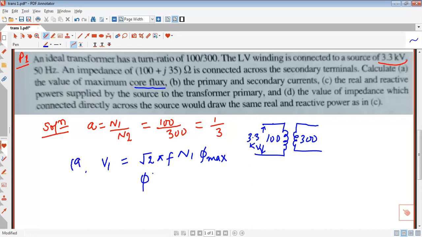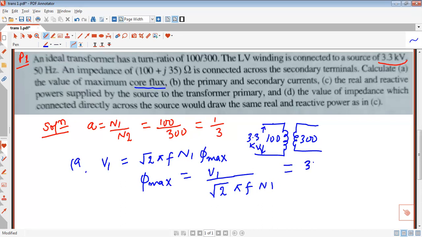So for part A, phi max will be equal to V1 divided by root 2 pi into frequency multiplied by N1. Root 2 multiplied by pi is about 4.44, so sometimes it is written as 4.44 times frequency times number of turns.